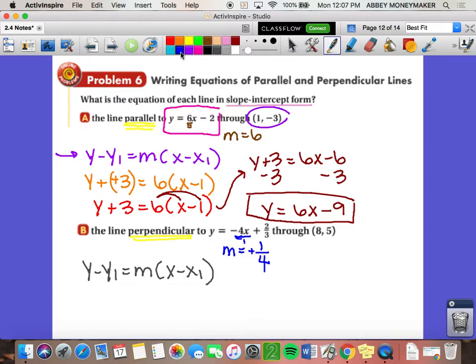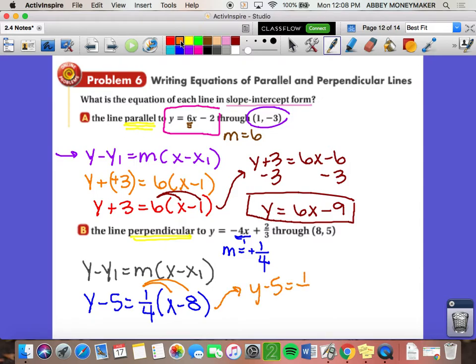So I have here y minus 5 is equal to 1/4 times x minus 8. And again, I can't leave that as my answer because they said they want it in slope-intercept form. So I have to distribute. This is where it gets fun with fractions. So we have y minus 5 is equal to 1/4 x minus, what is 1/4 of 8?